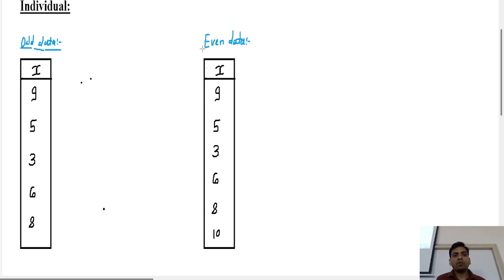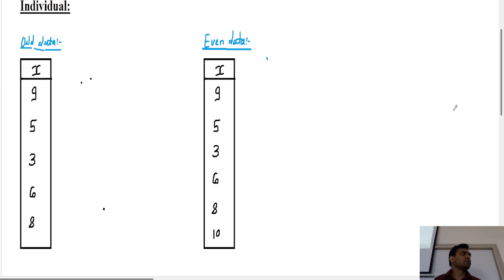So the first step is identification of data type. The second task is always arrangement of data, in ascending order or descending order. Ascending order means increasing order, and mostly we will arrange data in ascending order.